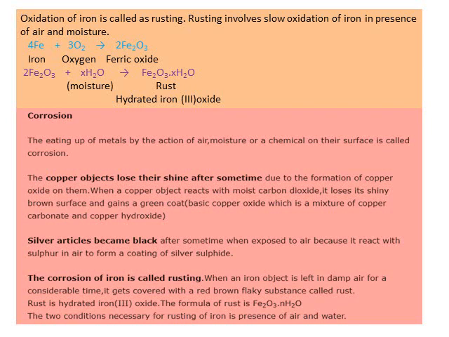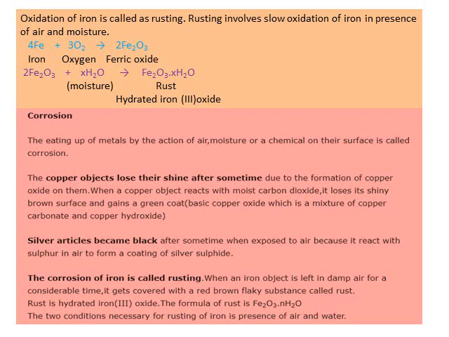Silver articles become black after some time when exposed to air because it reacts with sulphur in air to form a coating of silver sulfate, right? So when you buy any articles made up of silver from the shop, it will be very shiny, and when you go on using it, it becomes blackish in color.